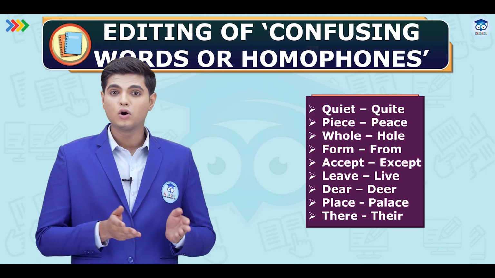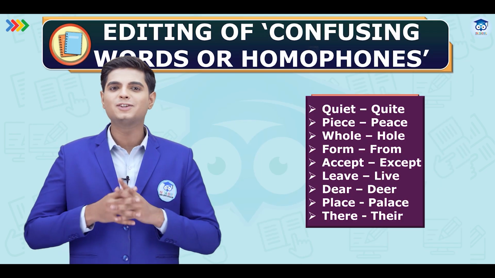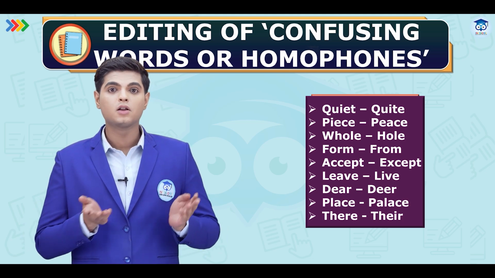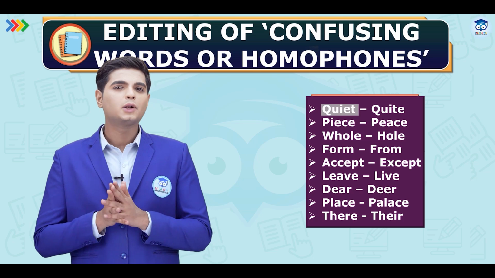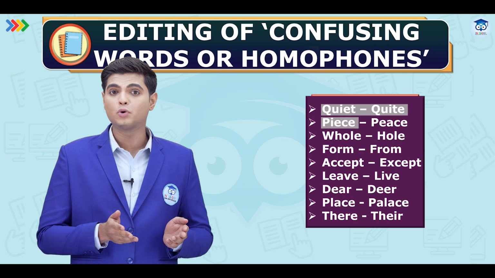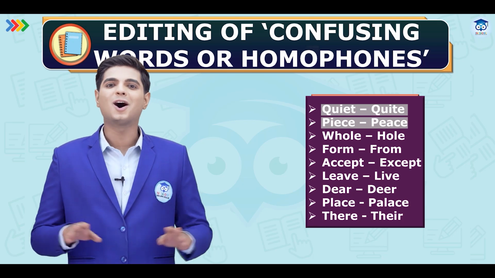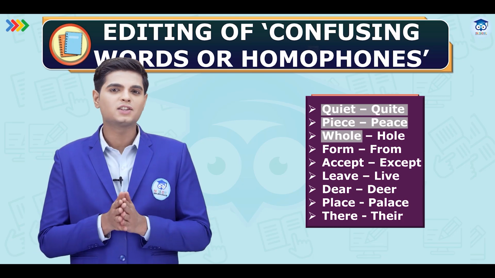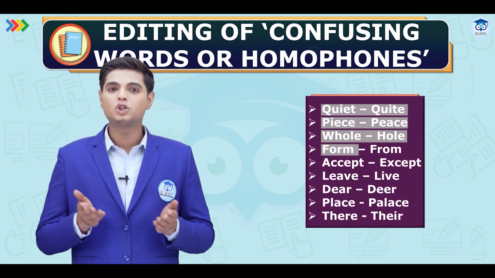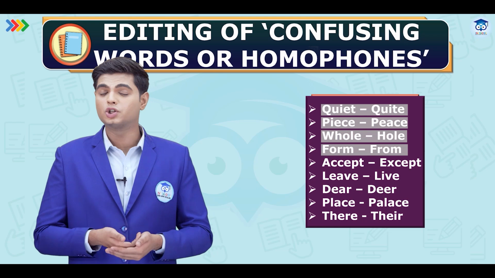Some words look or sound similar but have very different meanings. These are confusing words. For example, quiet means silent, but quite means fairly or very. Next, piece is a portion, while peace means calm. Then whole refers to entire, but hole is a gap. Next, form means shape, and from indicates origin.